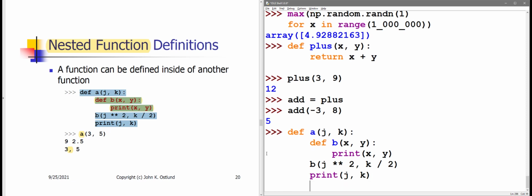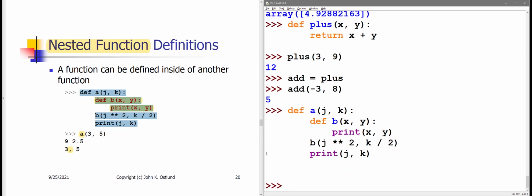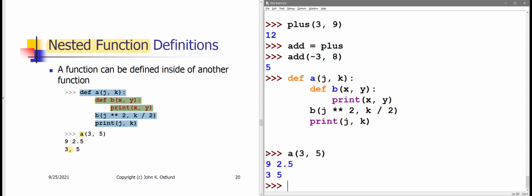All right, so there is my definition of A, which includes a definition of B. And when I call A, passing in 3 and 5, in A, J is 3, K is 5, B is defined and then called with 9 and 5 halves as arguments. So 9 and 5 halves come out first, and then from the second print statement in A, 3 and 5 are displayed.